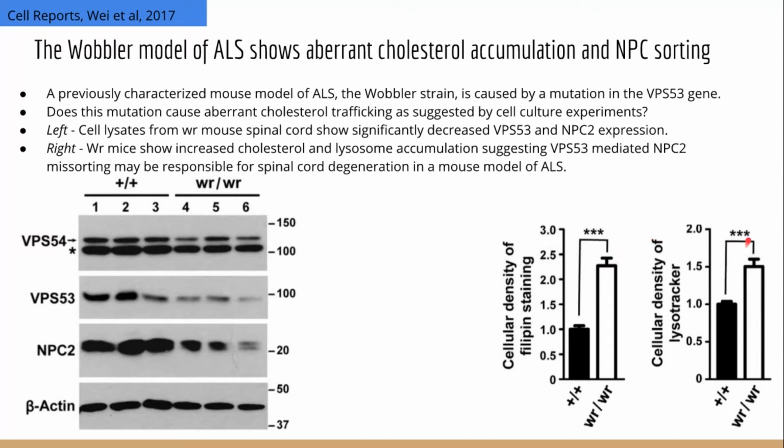We also see very significantly increased lysosomes. So it's really quite amazing that a mouse model of ALS has been traced back to a mannose-6-phosphate receptor retrieving protein that disrupts cholesterol dynamics.